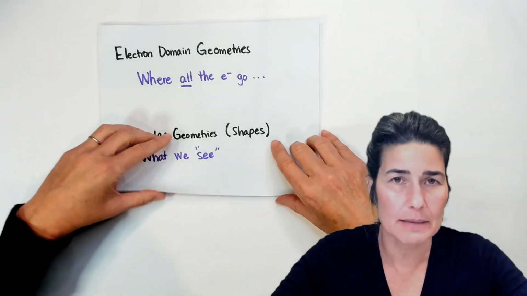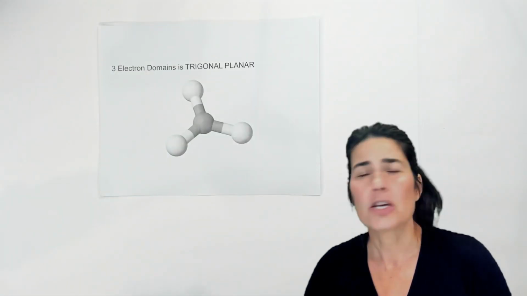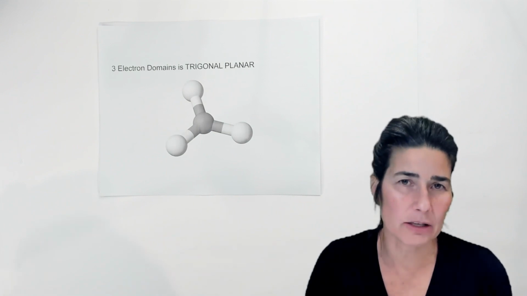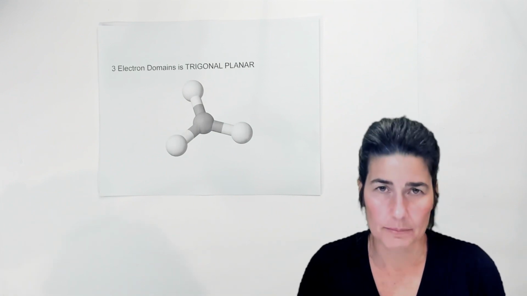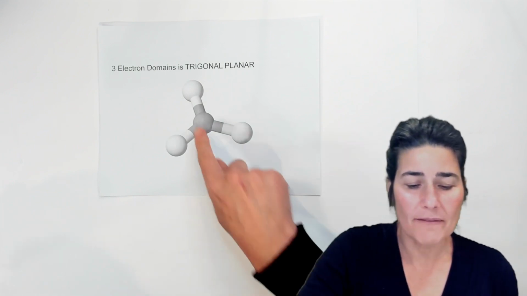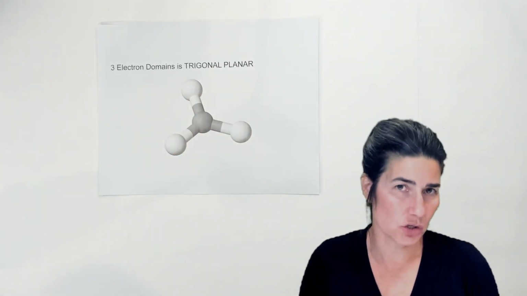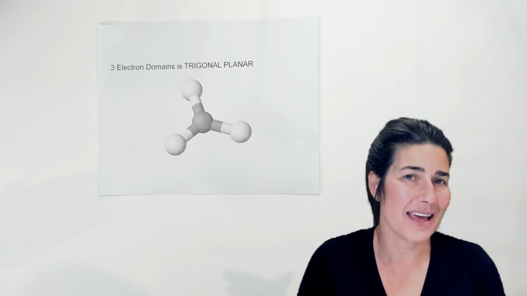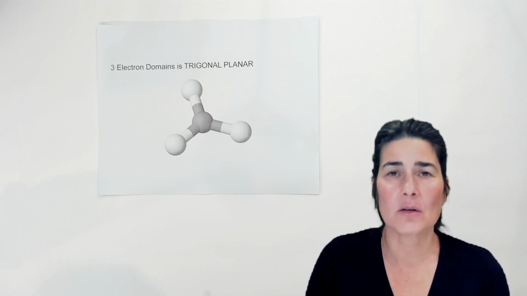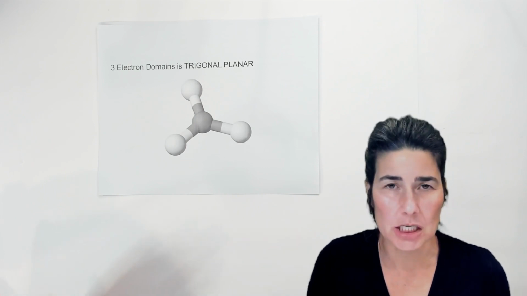Let me give you an example. Let's say you had a trigonal planar electron domain geometry. You have a molecule here that has three things attached to it. Well, let's say that one of those things was a lone pair.